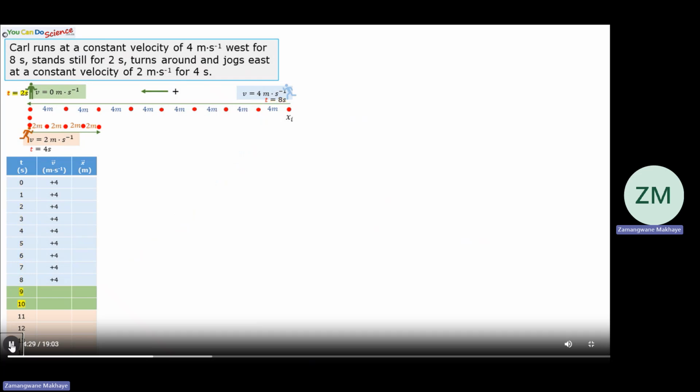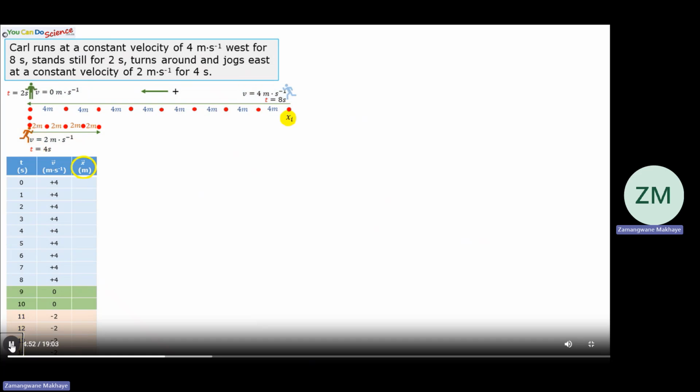From 8 to 10 seconds, Carl stands still, and the velocity is 0 meters per second each second. From 10 to 14 seconds, the velocity is minus 2 meters per second each second, because it is in the opposite direction as what was defined as positive.